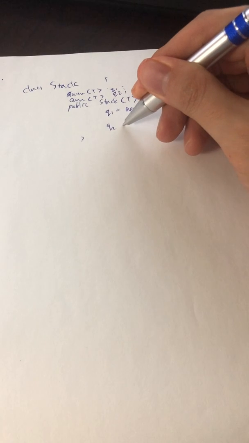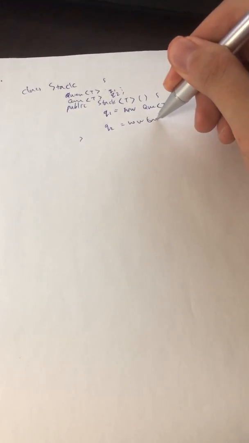I'm going to declare a Queue of T, Q1, and a Queue of T, Q2, and in this constructor I'm going to initialize a new Queue of T for Q1 and a new Queue of T for Q2.